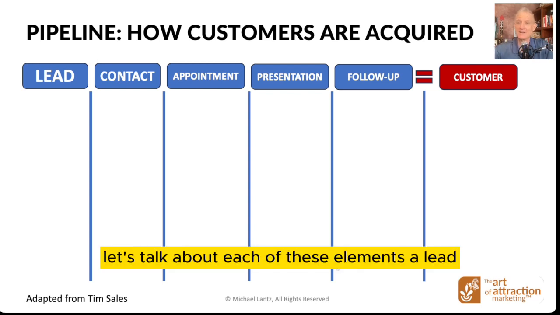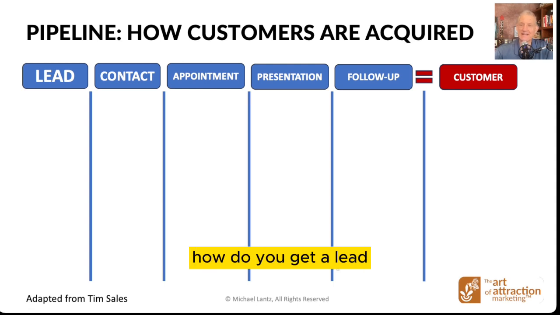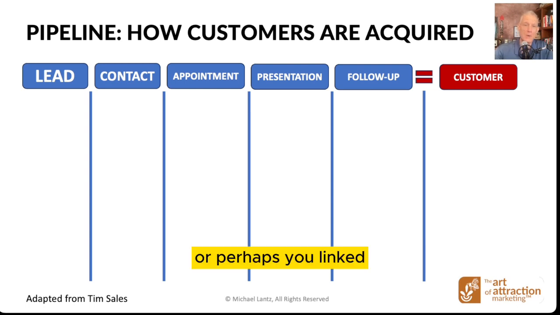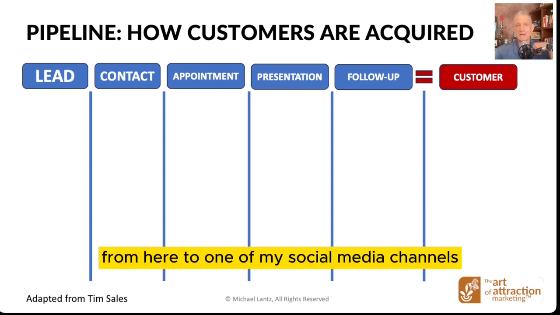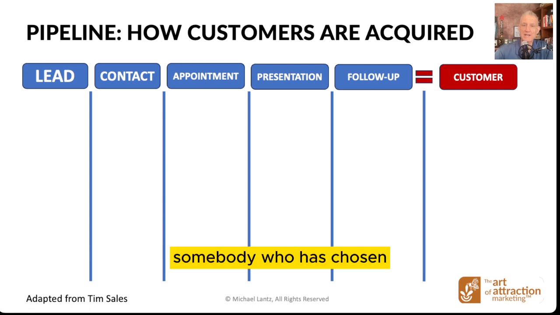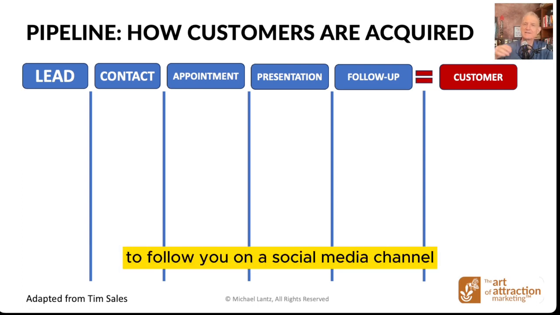A lead. What is a lead? How do you get a lead? Well, if you're on social media, like you're watching this on YouTube, or perhaps you linked from here to one of my social media channels, a lead is nothing more than perhaps a follower. Somebody who has chosen to follow you on a social media channel.